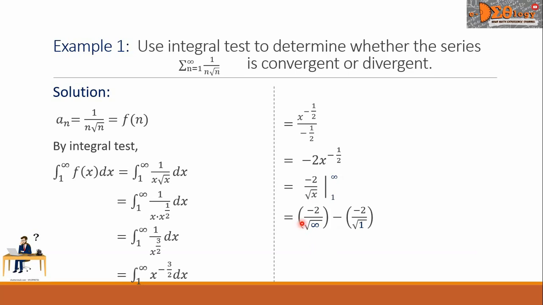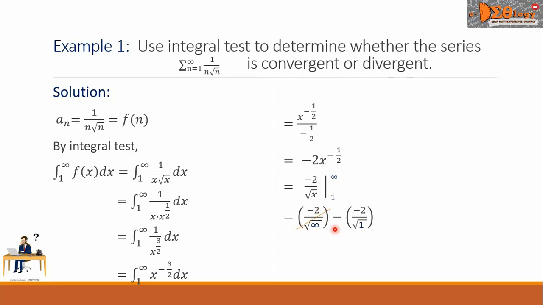So we have now the first fraction to be negative 2 all over square root of infinity minus negative 2 all over square root of 1. In the first fraction here, the square root of infinity will grow bigger and bigger, so the fraction will come to 0. So it seems that this value is cancelled.